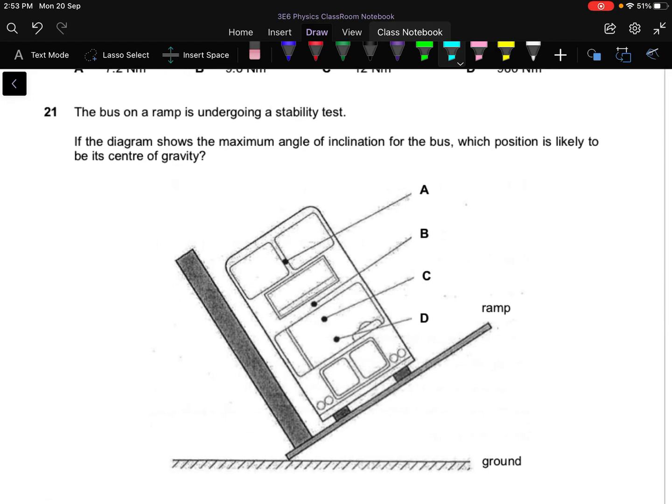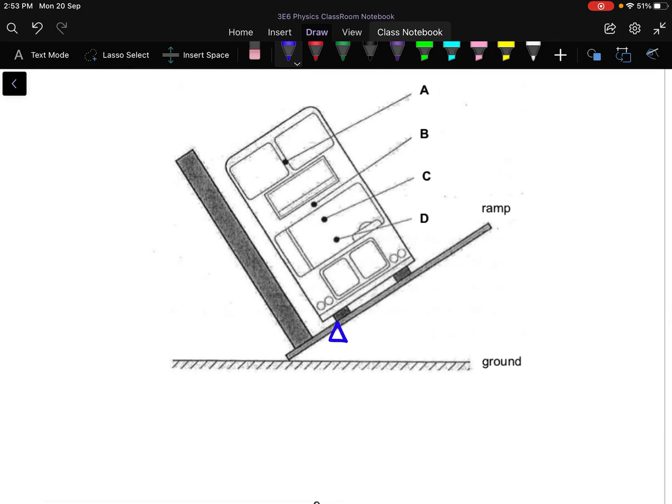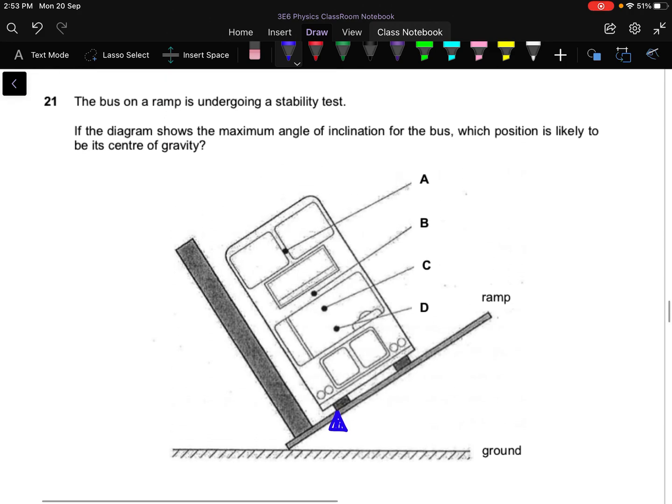For question 21, it is about stability. If you look at these bars, most likely it is going to pivot here as it topples towards the left. If the CG is at A, that means you will draw the weight over here. You can see that this results in a moment that goes this way, and of course there is no clockwise moment to balance this.